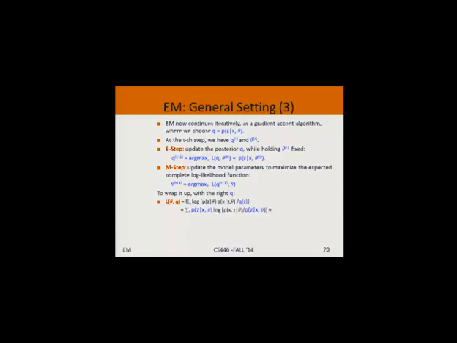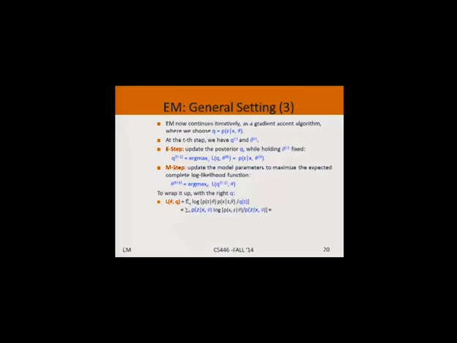So I'm plugging in the posterior P of Z given X and theta. All I did here is say, okay, this is expectation, which means it's the sum over Z of the probability times this stuff. So I just copied this.